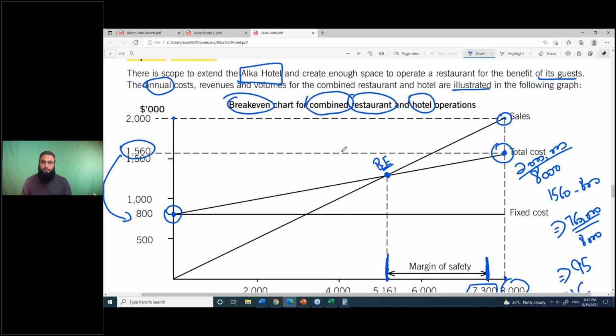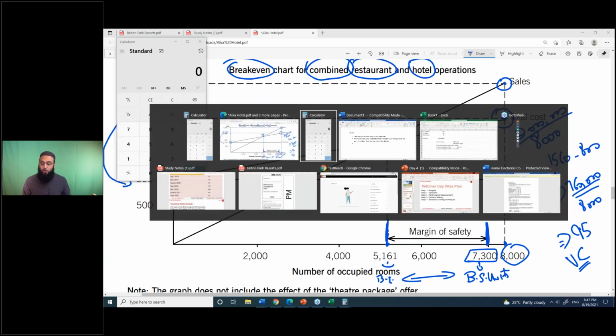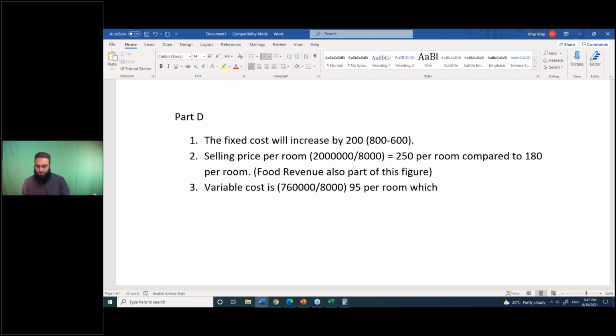has happened. Okay. So remember, there are 4 marks for the calculations as well, right? So you have to do calculations to quantify. So you can write here, variable cost is 760 divided by 8,000 is 95 per room, which has gone up from 60.